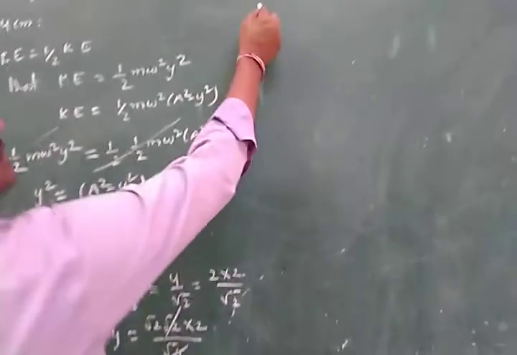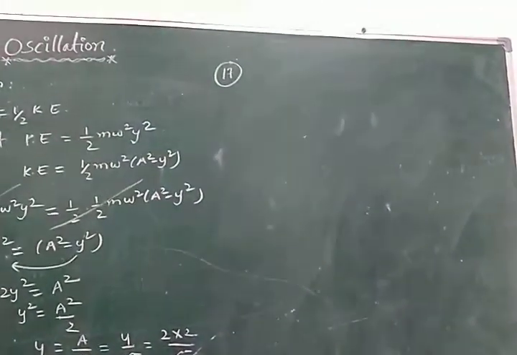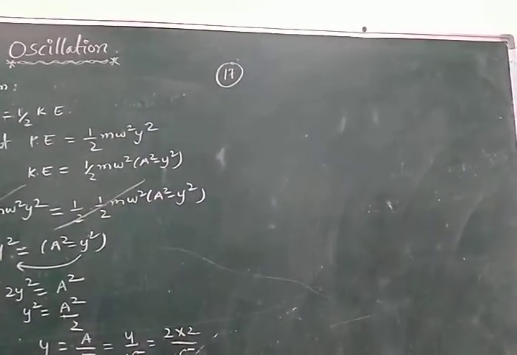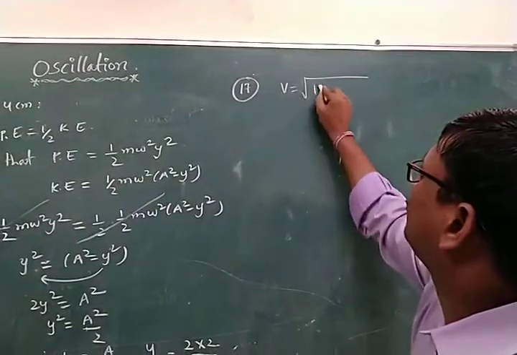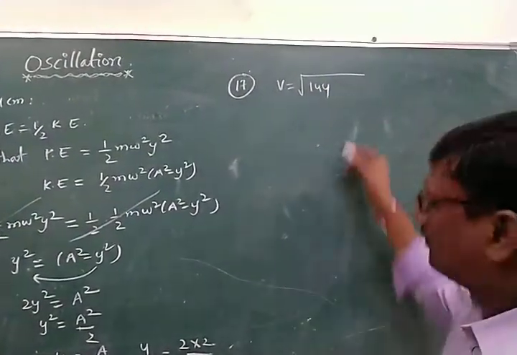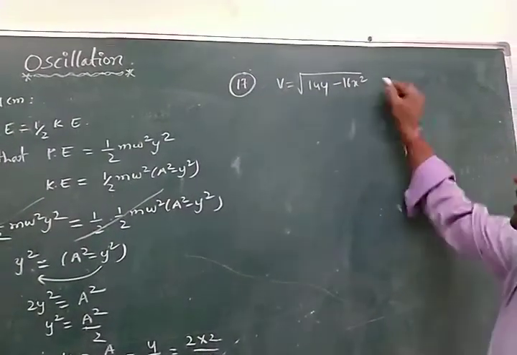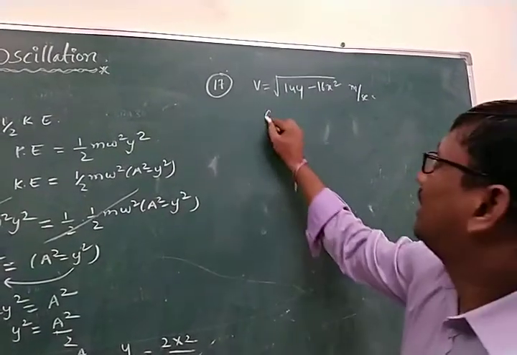Next, question number 17. For a body in simple harmonic motion, the velocity is given by v is equal to the square root of 144 minus 16x square meter per second. What is the maximum acceleration?